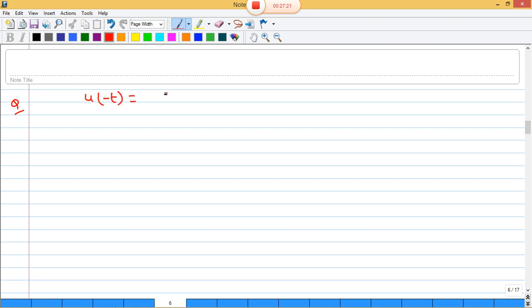So u of minus t will be 0 for t greater than 0, and it will be 1 for t less than 0. So how we can draw it? It looks like this. U of minus t.